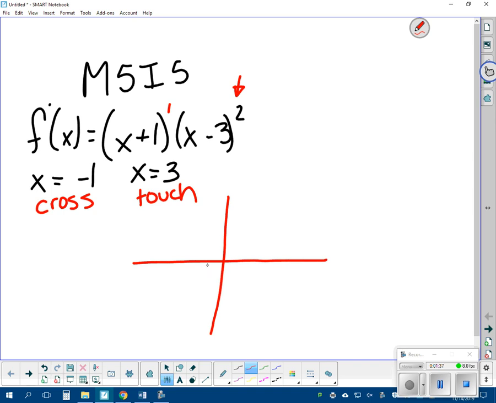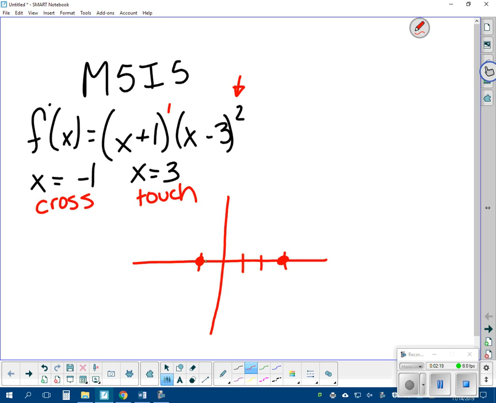So at -1, we know we're going to have a root, and at 3, we know we're going to have a root there. We know we're going to cross the x-axis here, but only touch it here. The next thing to add to your graph is whether your function is positive or negative in these intervals. Because these are your only zeros, from -1 forever over here, you're never going to touch the x-axis, so you're always either above the x-axis or below in that interval.